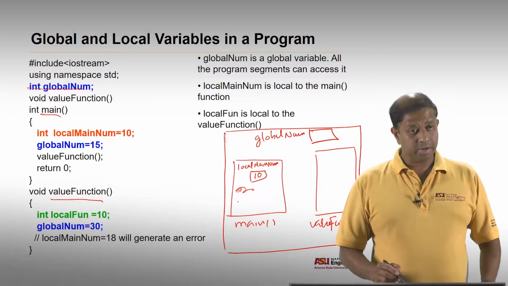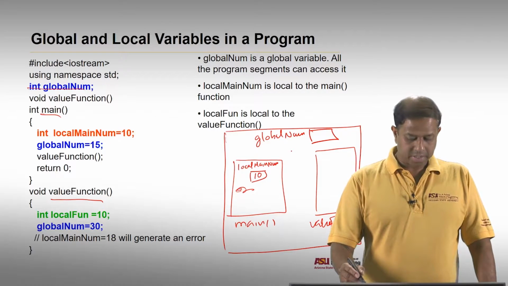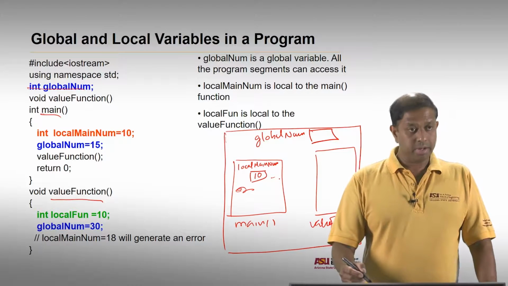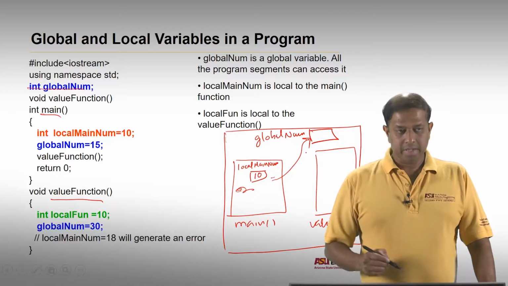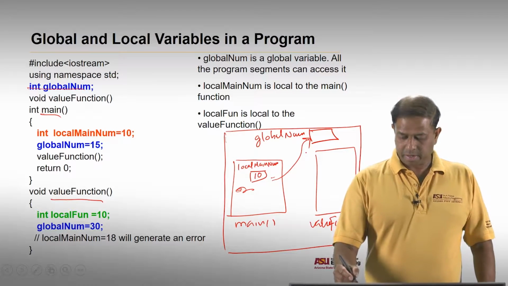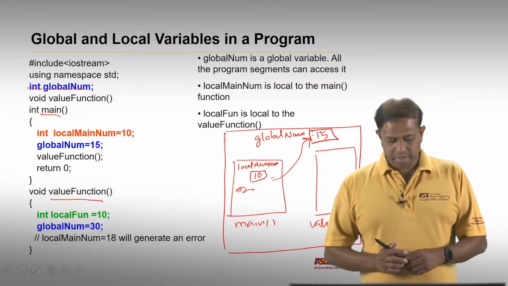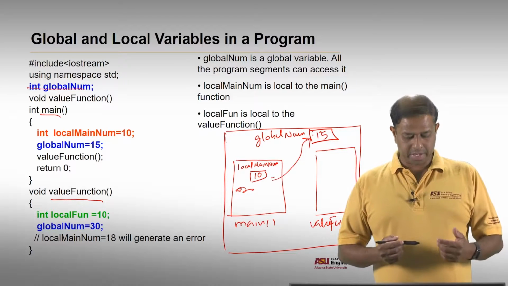There is no variable called global num inside the main. So what it does is it goes outside of the main and sees if there is something in the global memory area called global num. Then we find it in here. Once we have this variable, we can update it inside the main method. So when you say global num equals 15, the global variable will be changed, right?